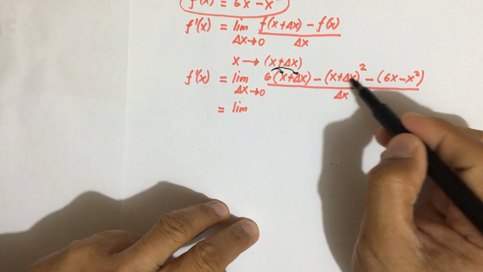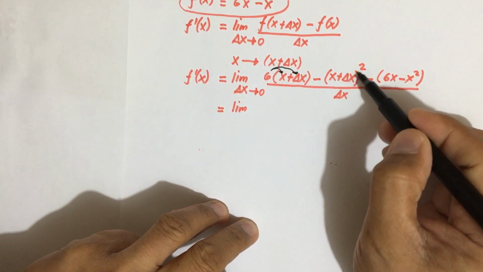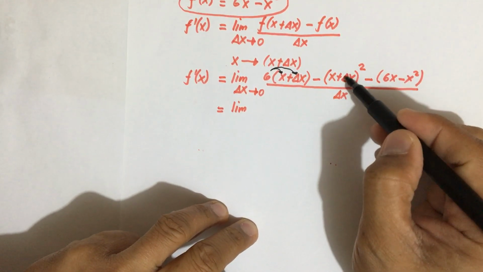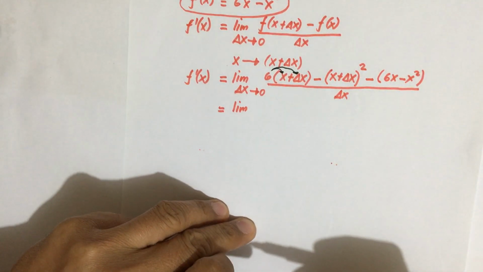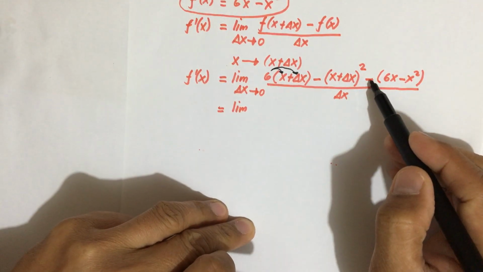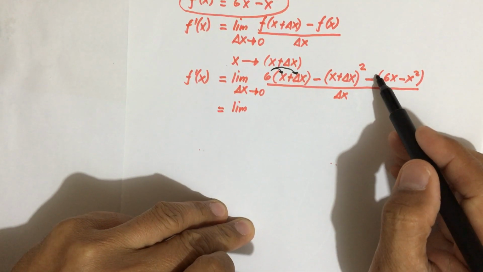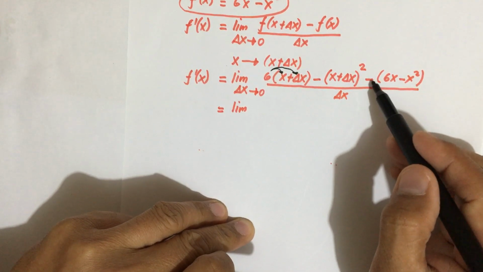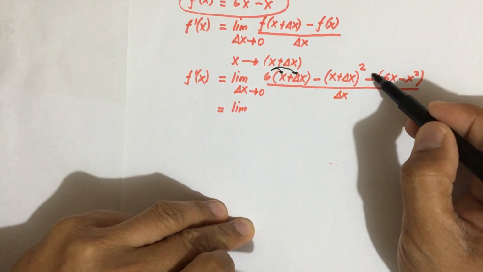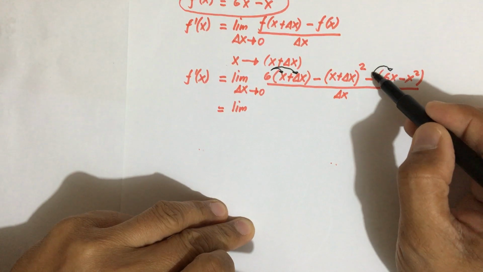This is a binomial with exponent 2, so we have to expand this one. And this one is negative, so you have to multiply each term by negative. It has 1 here, so negative 1 multiplied by 6x. So you have to distribute this and multiply.